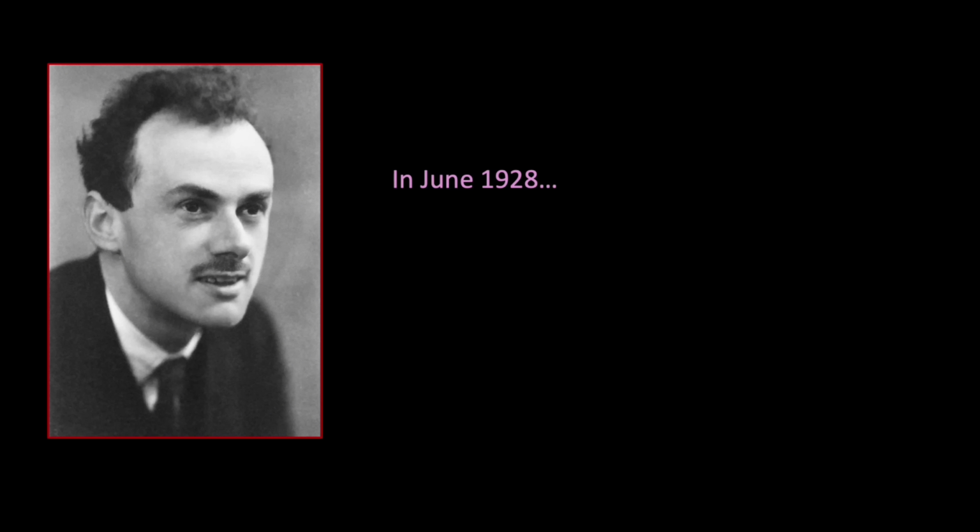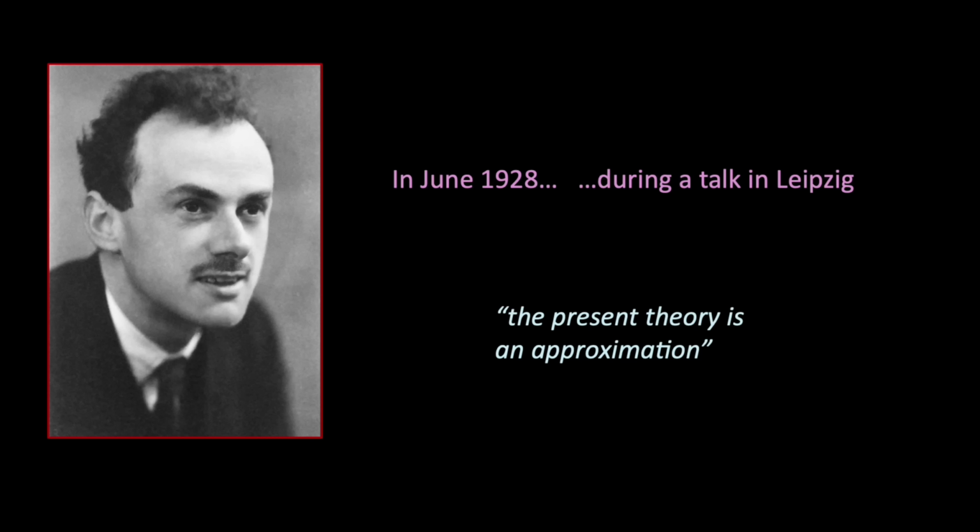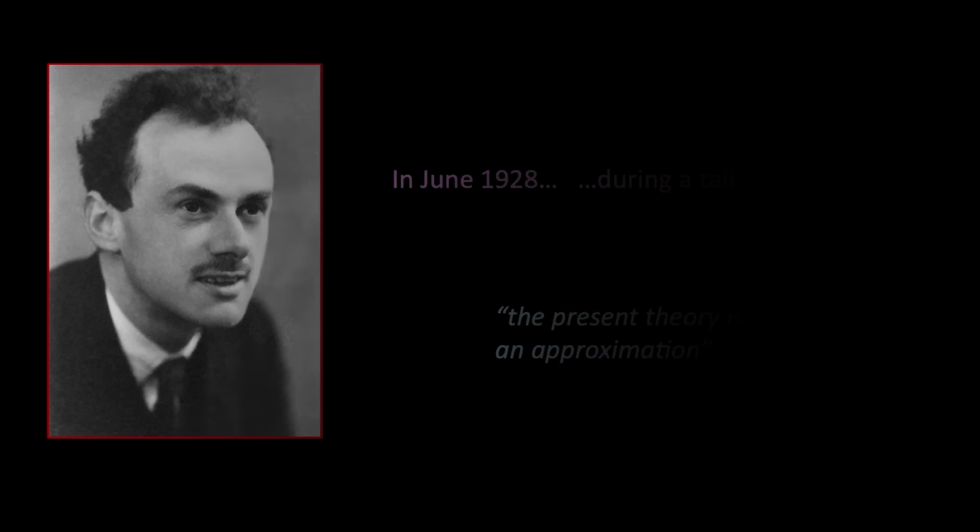In June 1928, during a talk in Leipzig, Dirac acknowledged the inescapable reality that transitions to negative energy states could not be ignored. He admitted, "The present theory is an approximation," signalling his growing belief that these puzzling solutions required a proper physical explanation.